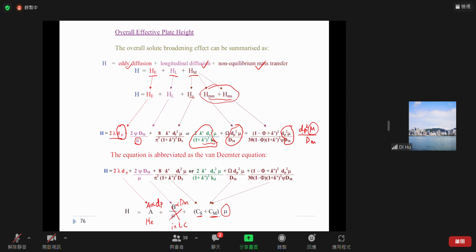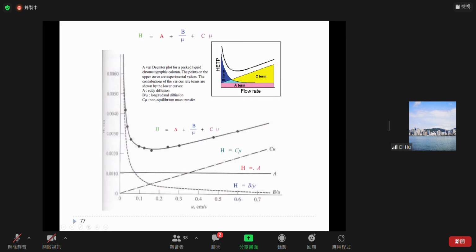And for the mobile phase, it's related to dp squared over Dm, okay? dp everywhere, right? So that is how this relates to the Van Deemter equation.